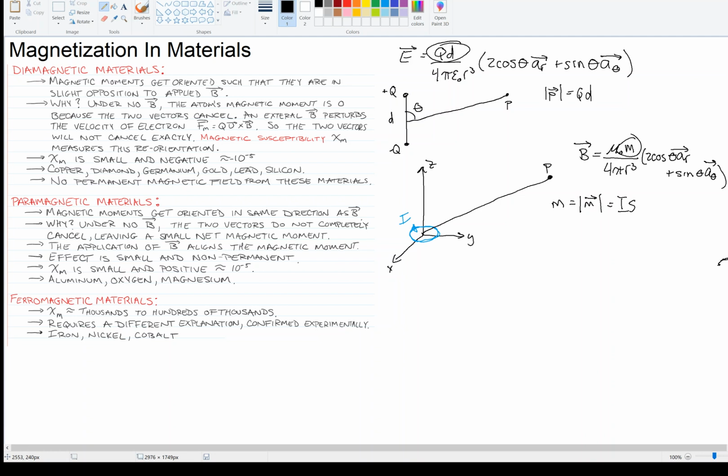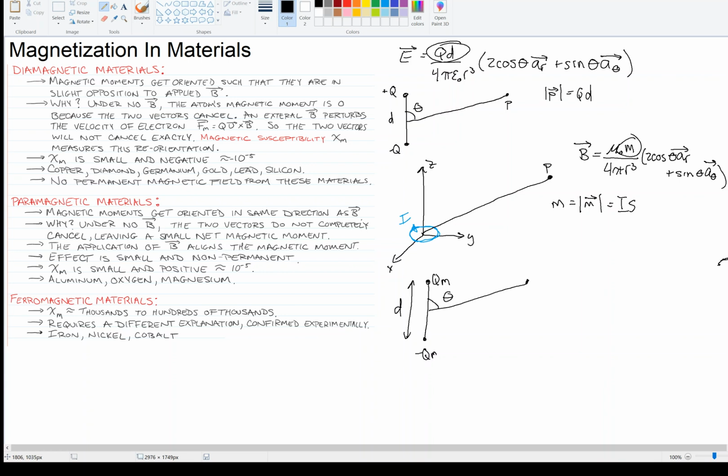And therefore, what we can do is consider a loop like this of current carrying wire as a magnetic dipole. Now we know there are no point charges, but I'm just going to write Qm, minus Qm like this. So we can consider this thing to be a magnetic dipole or a bar magnet, right? That's essentially what a magnetic dipole is.